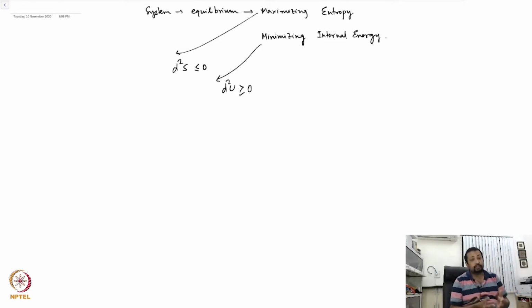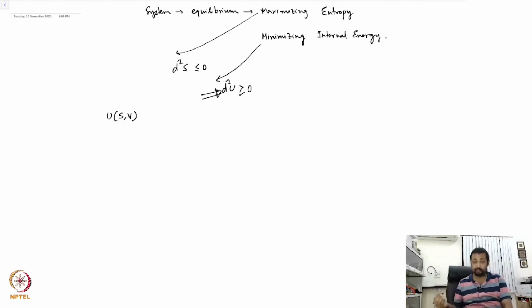But the idea now is, what does it really mean for the system? This is all very good. I have written down an expression, a differential form of my stability criteria, but how does this stability criteria translate to the system in real life? So for that, we want to consider U as a function of S and V. So essentially, I am going to focus on the minimization of the internal energy.